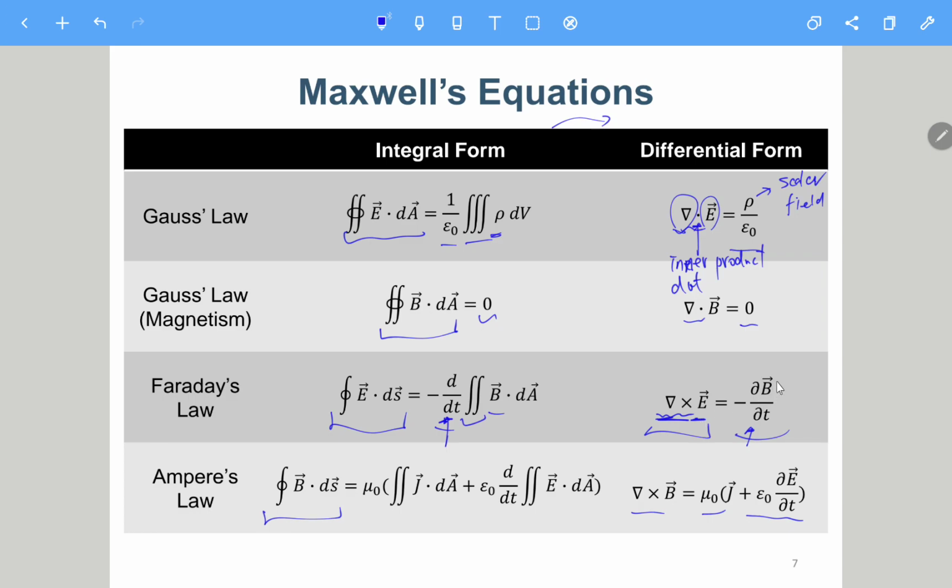On the right side, this is a vector field, and taking the partial derivative with respect to time will still be a vector field. Also this one, the current density, is also a vector field. And here, the E field is a vector field, taking the partial derivative is still a vector field, and multiplying by a constant will still be a vector field.